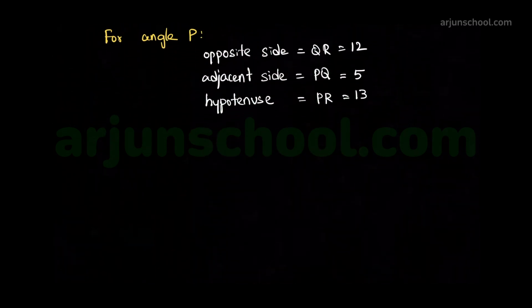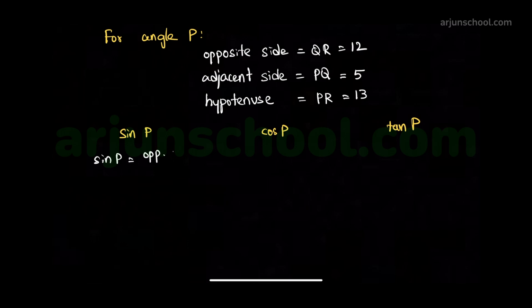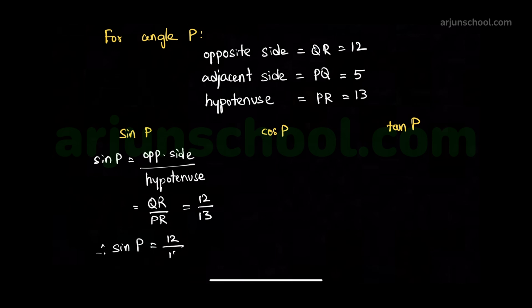Now let us use the trigonometric definitions to find the trigonometric ratios. Sin P is equal to opposite side by hypotenuse. Opposite side is QR and hypotenuse is PR. QR is equal to 12 and PR is equal to 13. Therefore, sin P is equal to 12 by 13.